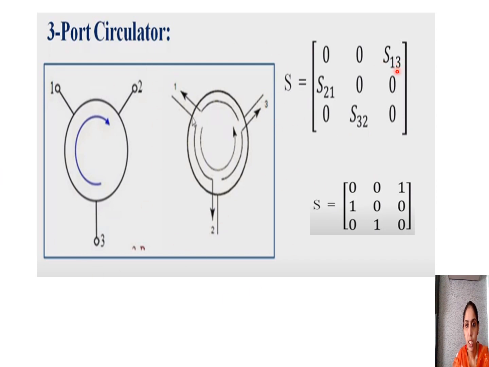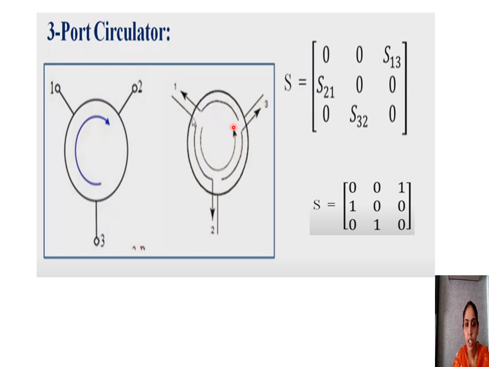For example, if the input is applied at port 1 and the wave travels to port number 3, here S13 can arise. But S31 will be 0 since it cannot propagate in the opposite direction. So the wave is applied at port 1 and it comes out at port 3, and we get S13.